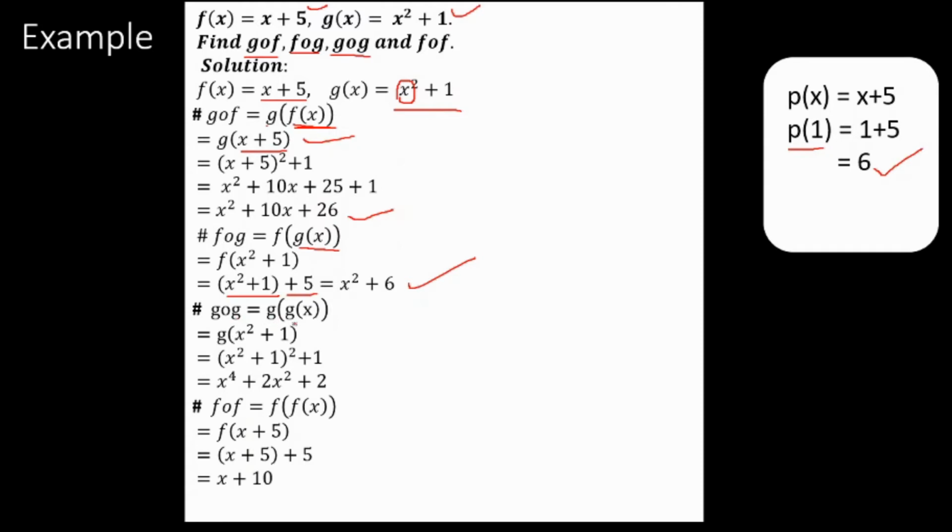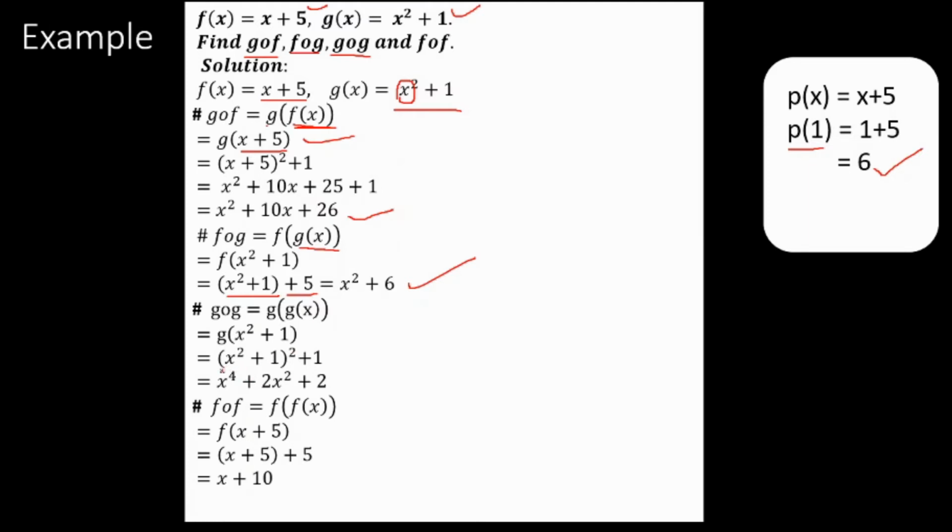So what is g of x? x square plus 1, and we know that g is x square plus 1 again. So instead of x, what will you be substituting? This whole thing again, that is x square plus 1 whole square.